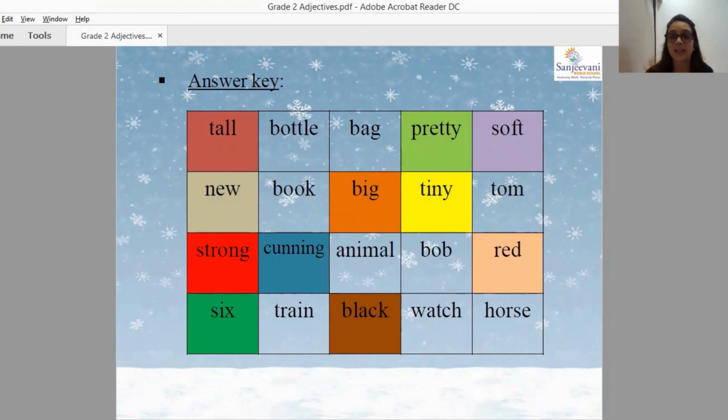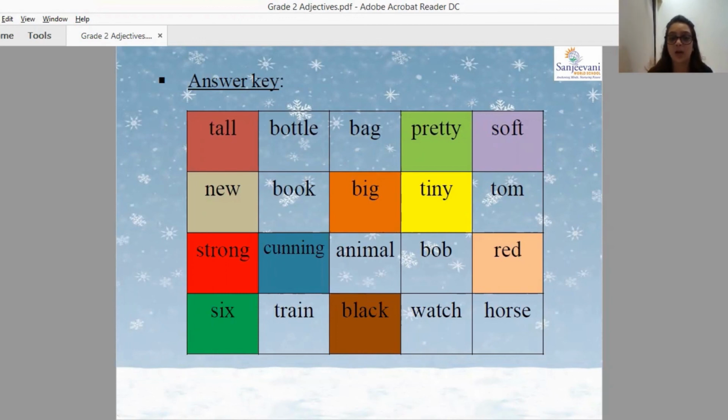6. Teacher had 6 chocolates. So the word 6 is telling how many chocolates she had. She had 6 chocolates. That's why the number 6 is called a describing word. Train. Train is the name of a vehicle. So that's why it's not an adjective.